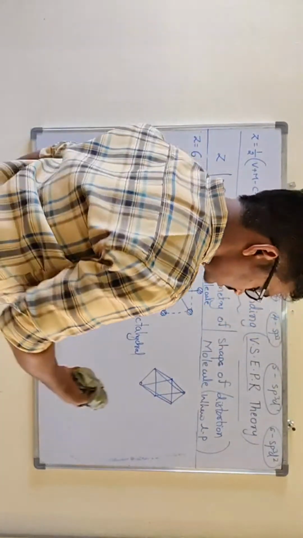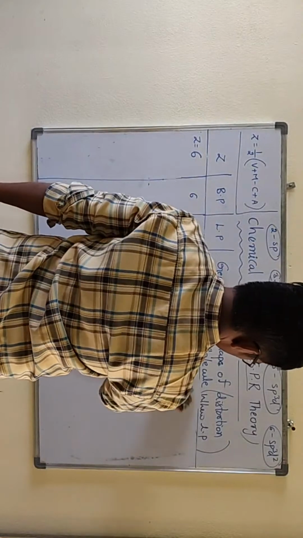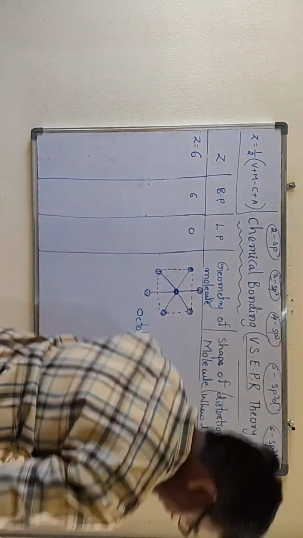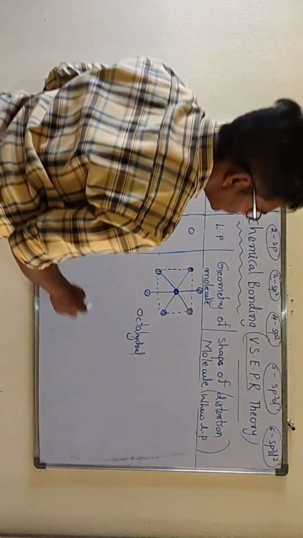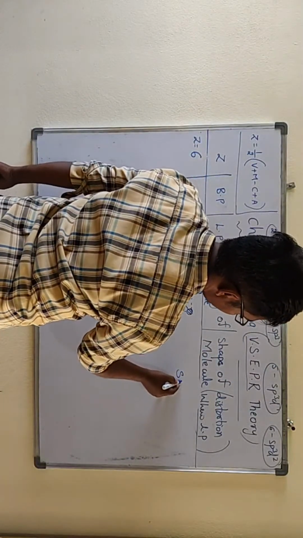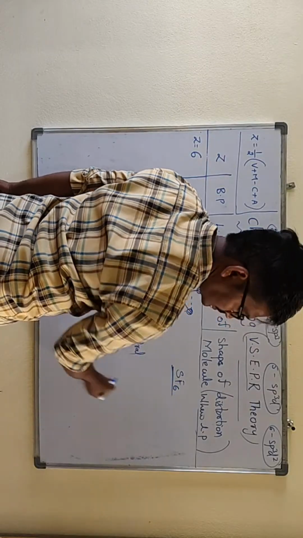An example for the octahedral structure is SF6.